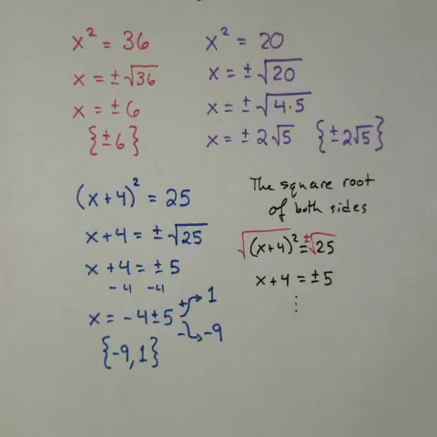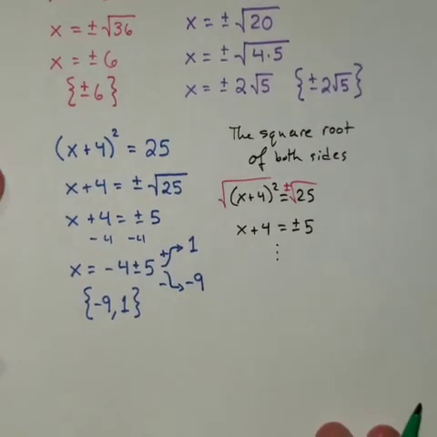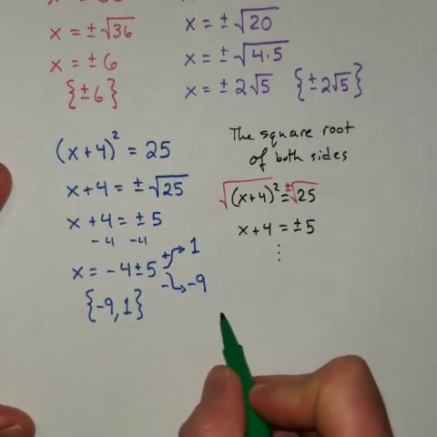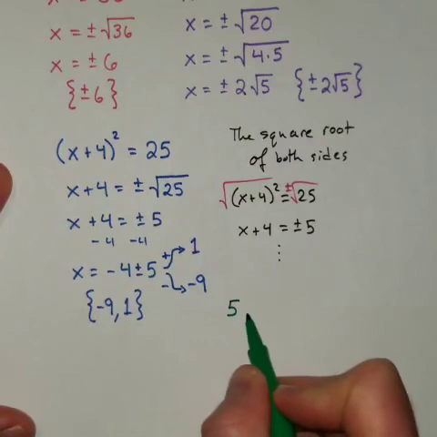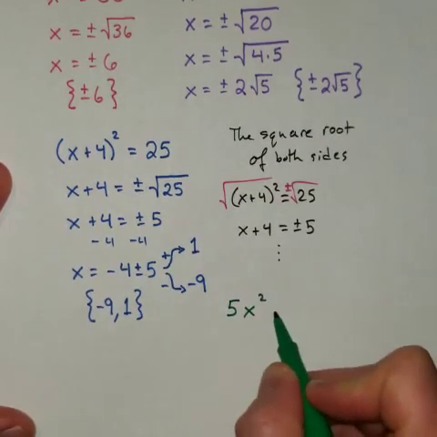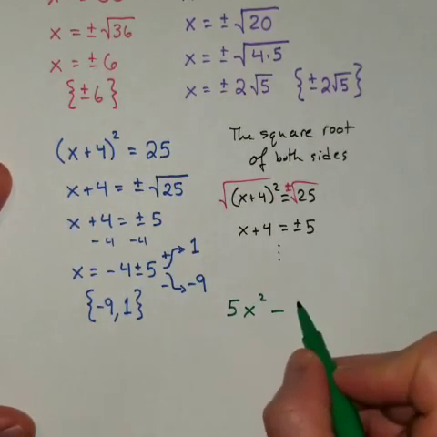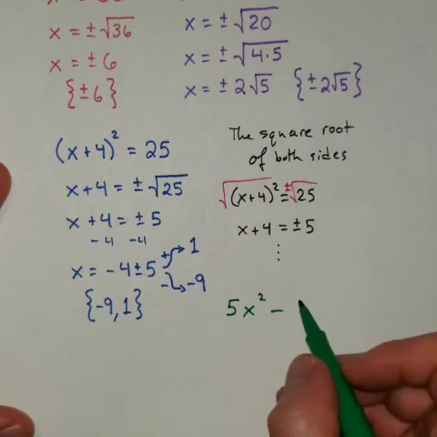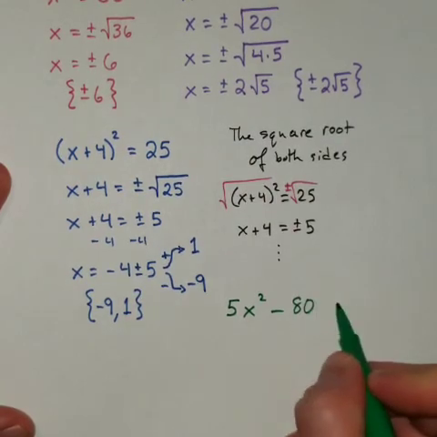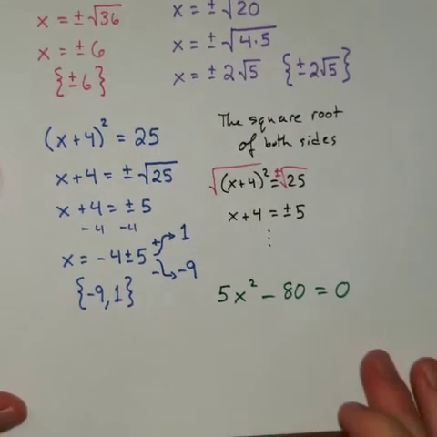One more example. This one I'm going to run through where the square is not by itself. So maybe you have something like 5x squared minus, let's say 80 equals 0.